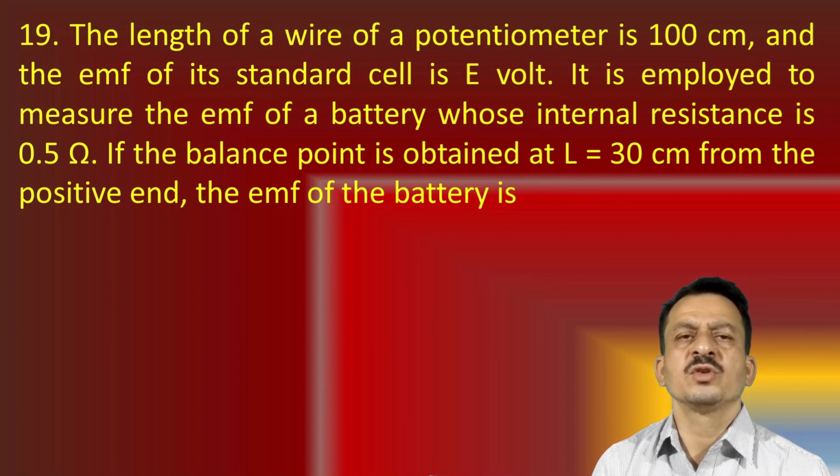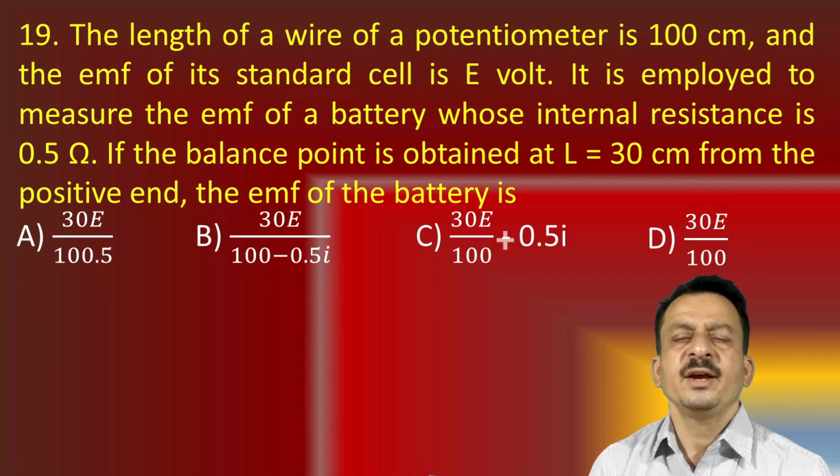Here we are going to compare the EMF of two cells. Option A, 30E divided by 100.5; B, 30E divided by 100 minus 0.5 I; C, 30E divided by 100 minus 0.5 into I; and D, 30E divided by 100.